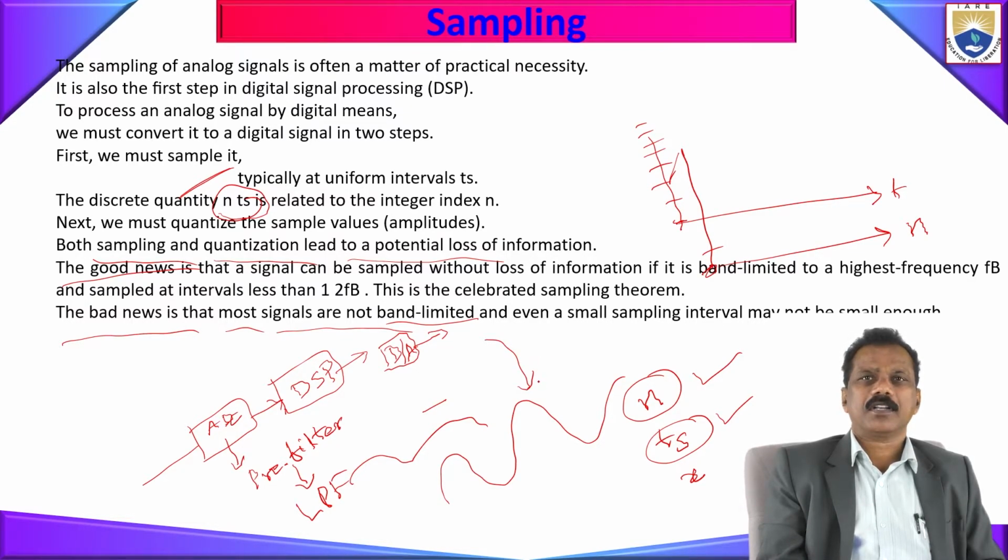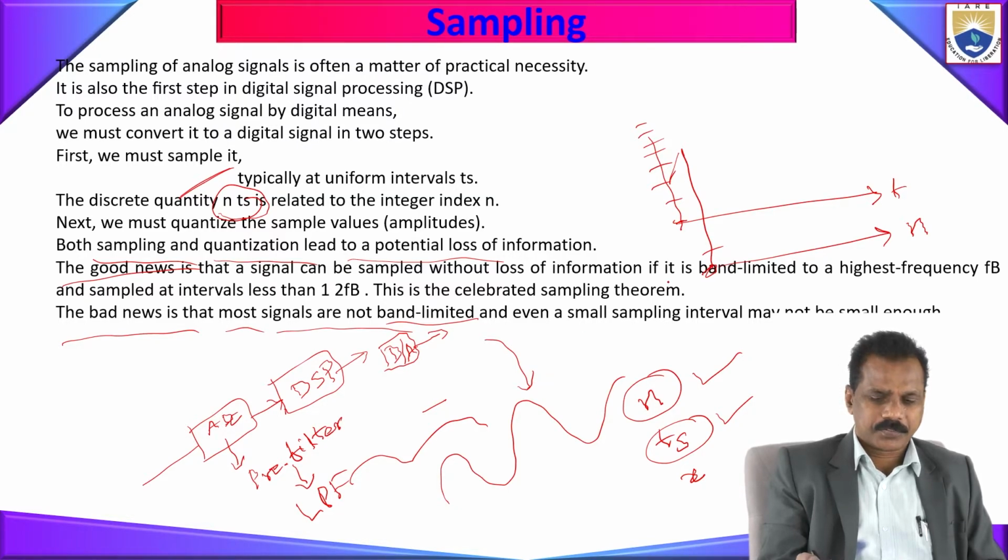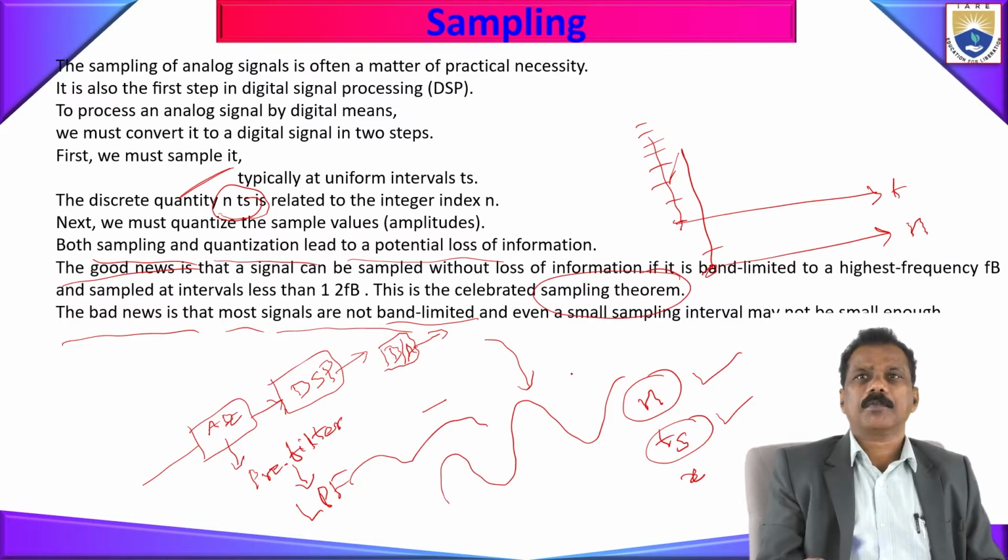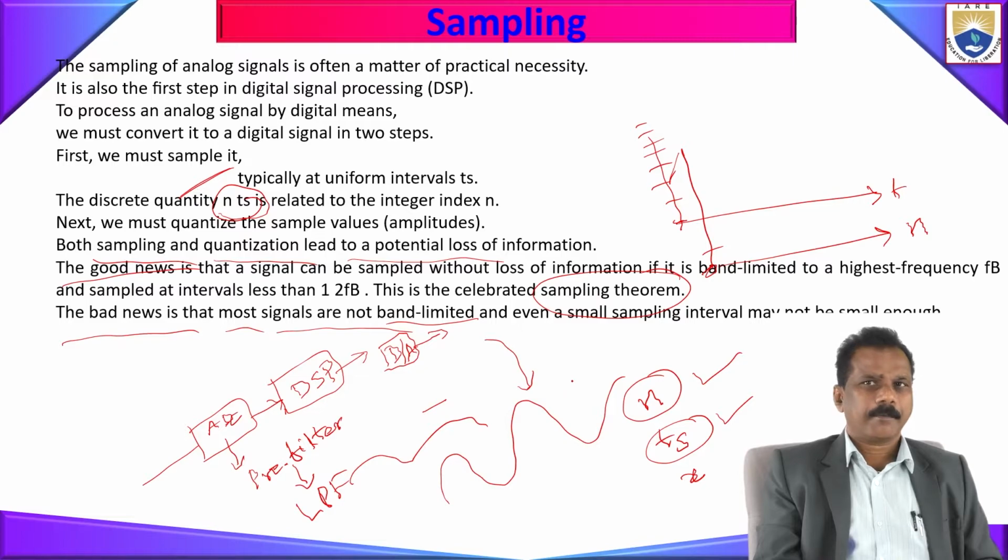This shows the importance of sampling and quantization. Using this theorem, we implement electronic systems and other digital processes.